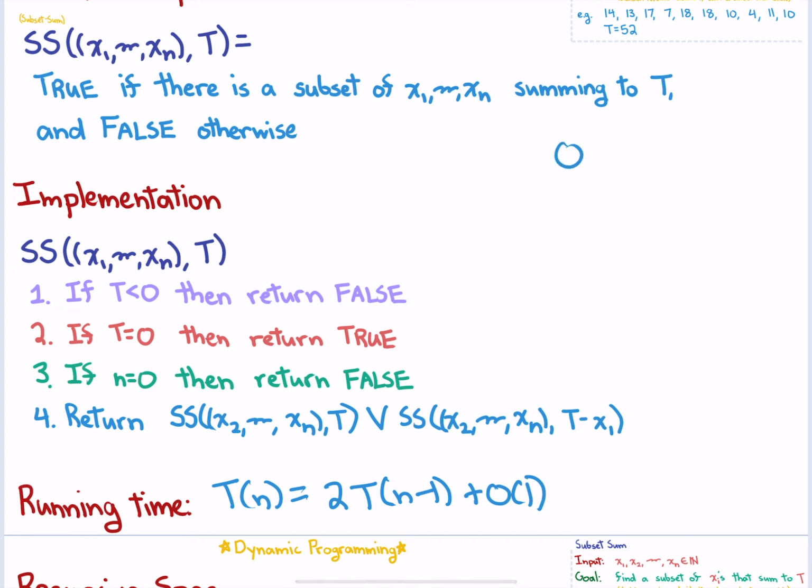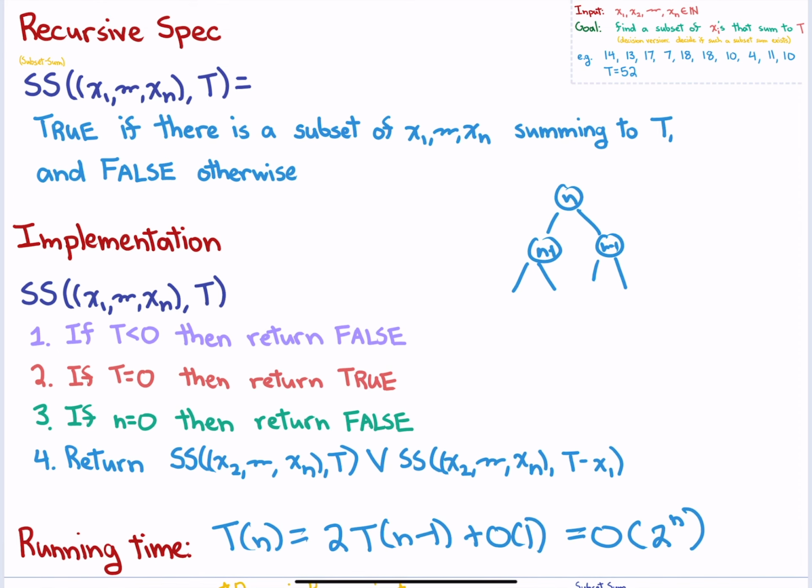So your tree would be a binary tree, but the problem is it's going to be very deep. How many levels will this tree have? And down at the bottom, how many leaves will we have? 2 to the n. So this is an exponential running time algorithm. But how can I make this algorithm faster?